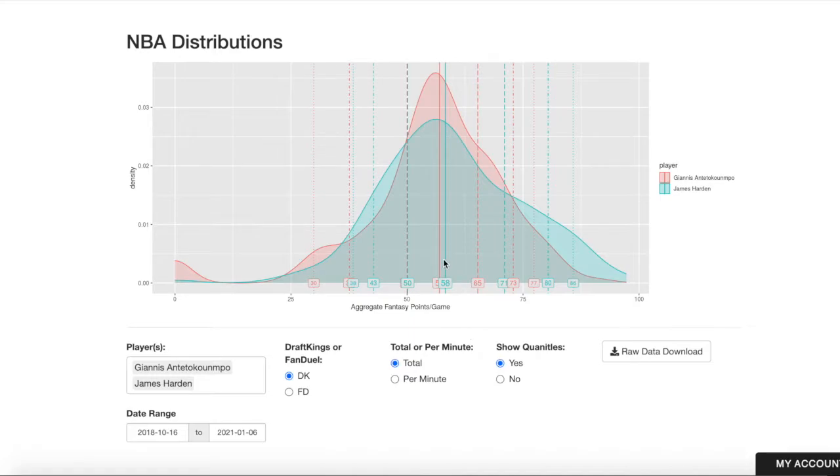So looking at James Harden versus Giannis, typically similarly priced, at least on DraftKings. We can see median, they compare similarly, both around 58 points. Looks like Giannis might be 57, which is cut off a bit. Very similar from a median standpoint.